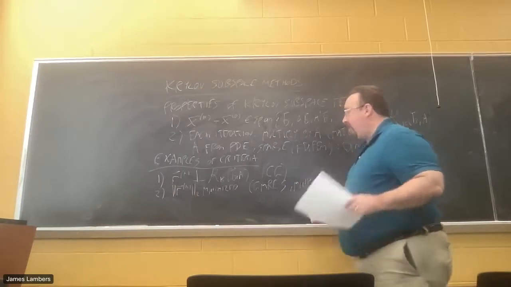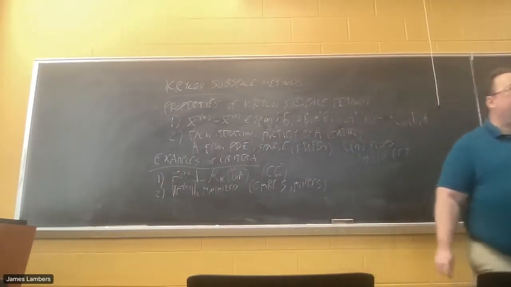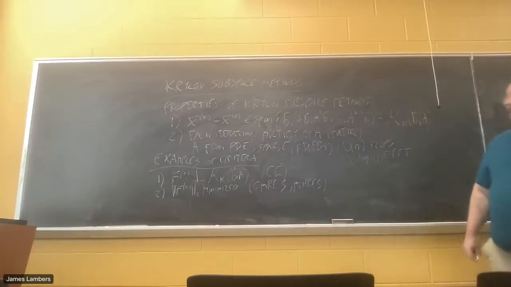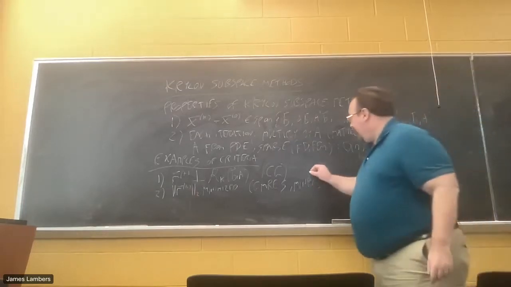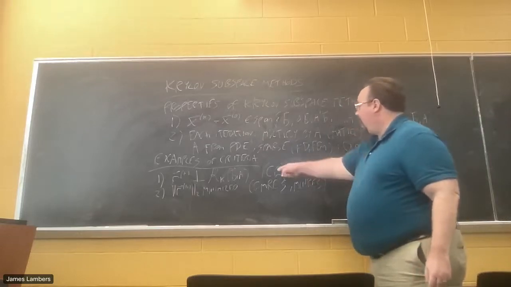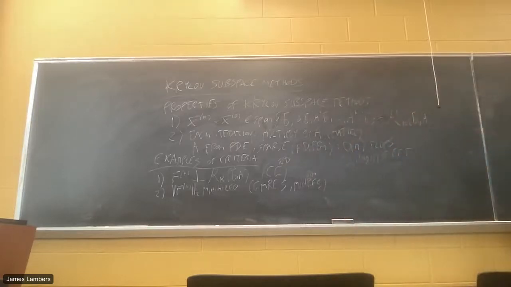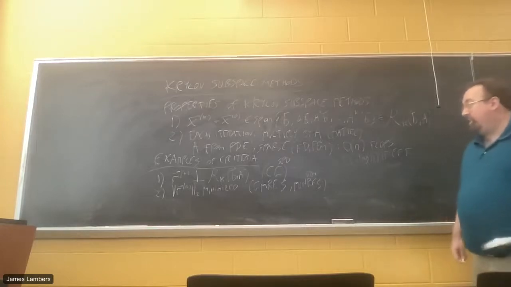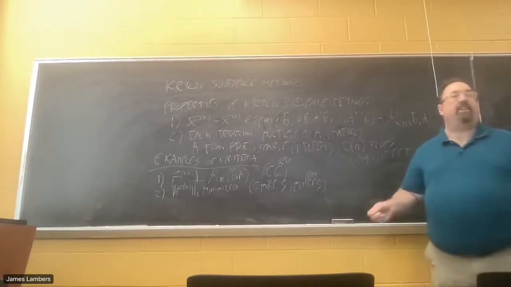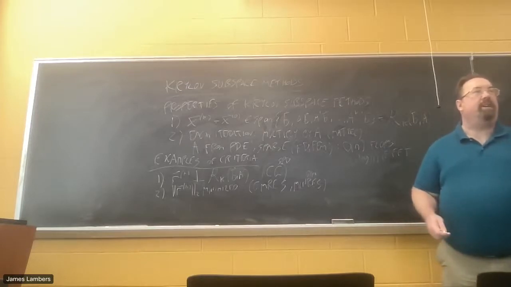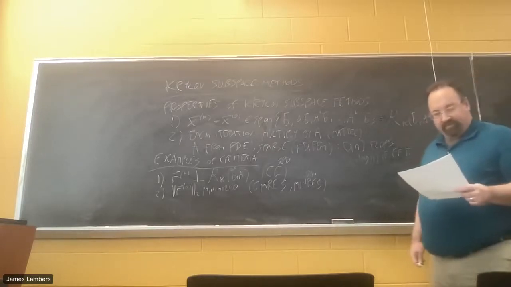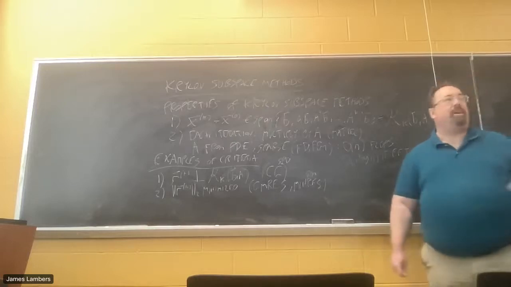MinRes actually is GMRes specialized to symmetric matrices, which leads to a simpler method. So MinRes requires symmetry. Conjugate gradient is only for SPD, symmetric positive definite matrices. But those matrices are important in certain applications. Of the finite difference matrices we've been dealing with, many are symmetric positive definite. Whereas GMRes can be useful for any kind of system. So I mean, square and invertible, but it doesn't require any kind of symmetry.